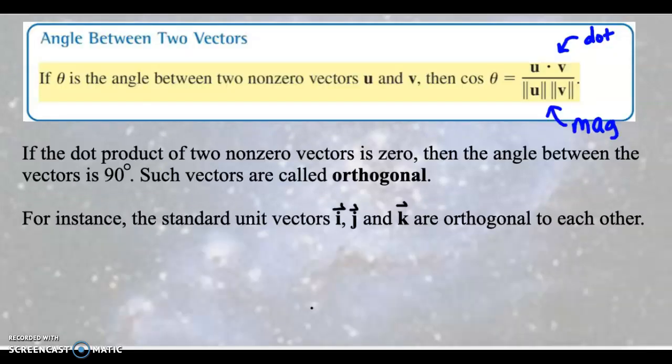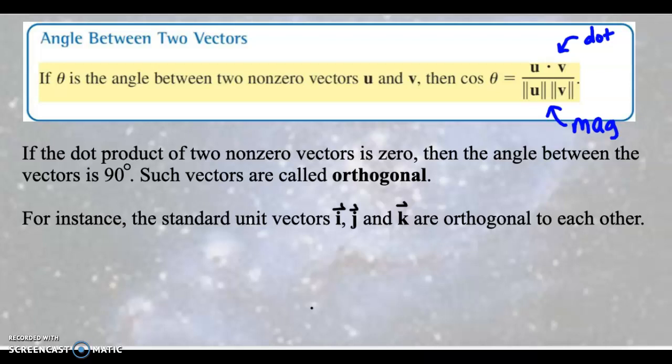In order to find the angle between the vectors, it's the exact same way that we did it in 2 dimensions, but we're going to do it in 3D. So we're going to find the cosine of that angle by taking the dot product of the 2 vectors divided by the product of the magnitudes. Remember, the angle between 2 non-zero vectors is 90 degrees when the dot product is 0.